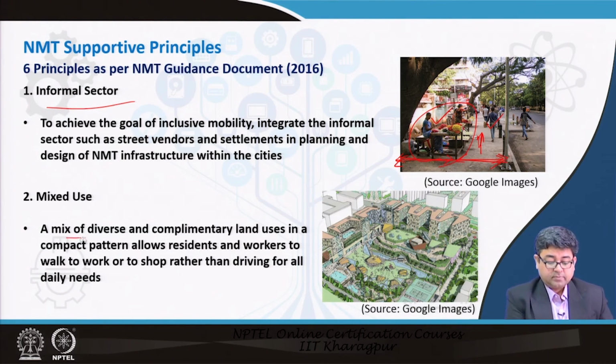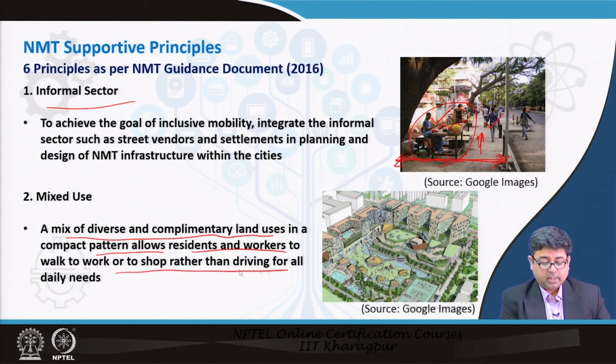Mixed use, a diverse mix and complementary land uses in compact pattern allows residents and workers to walk to work or shop rather than driving for all of their needs, right. If you have a park here, you have your residences here, you have your offices here, you have an open plaza with lots of restaurants here, you have a sporting tennis court here.